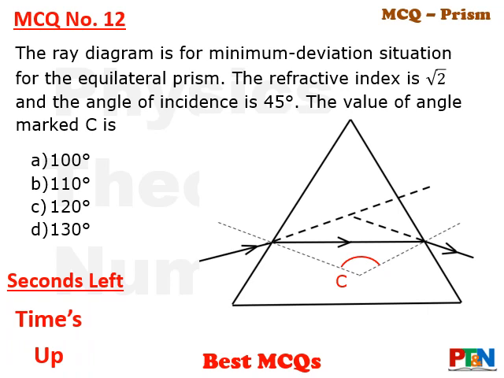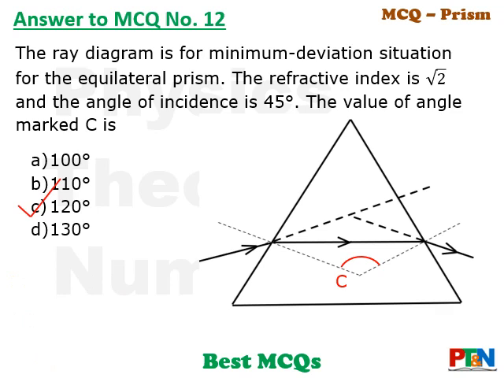Time's up. Let's see the answer. Answer is option C, that is 120 degree. Let's understand. Traveling of a ray through a prism, for you it is pure geometry.